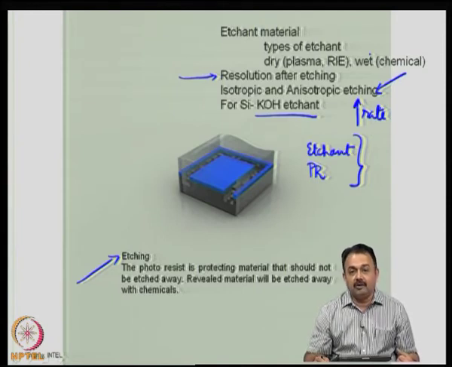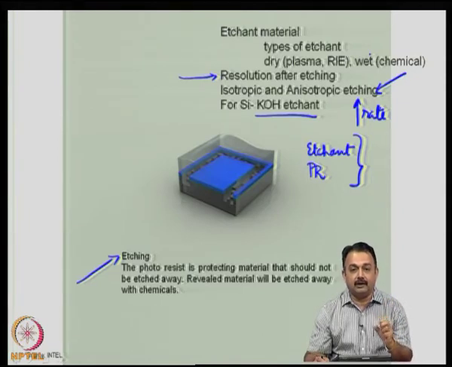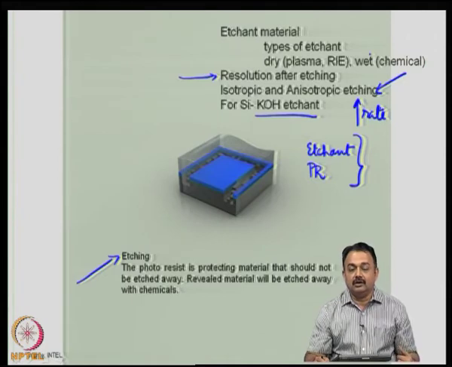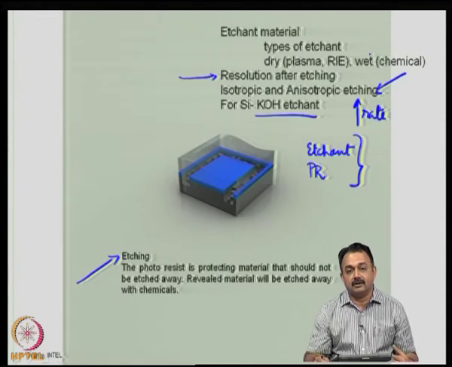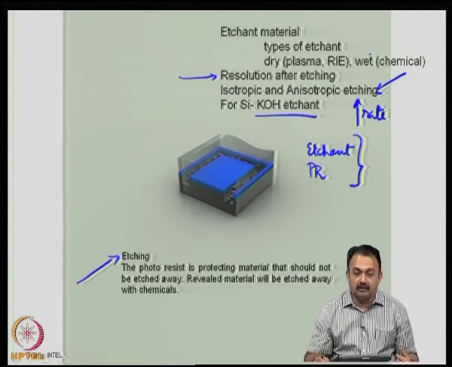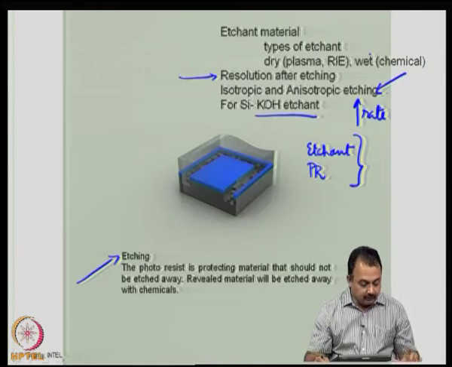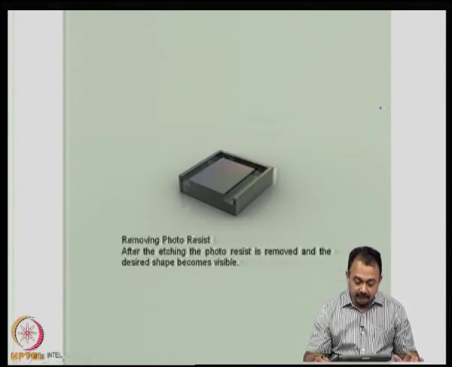Plasma etching involves reaction of, let us say, two different gases which produces some free radicals, and these free radicals will react with your substrate material, thereby removing it. So, in situ generated free radicals or ions will react with the surface, and that is known as plasma or reactive ion etching. So, etching is a very important step.